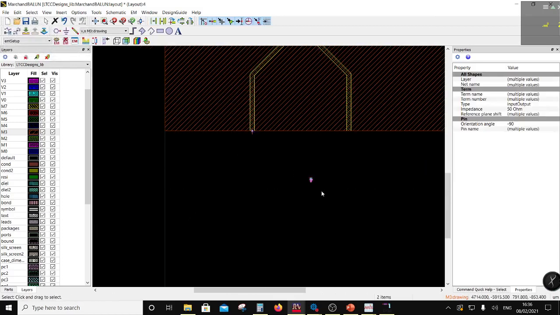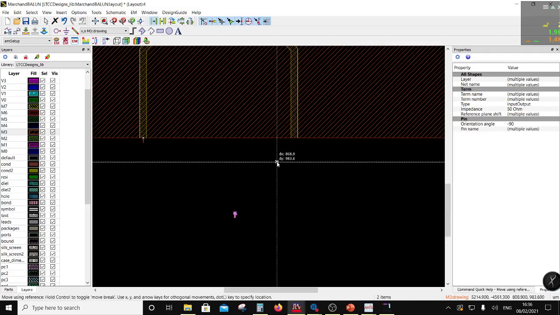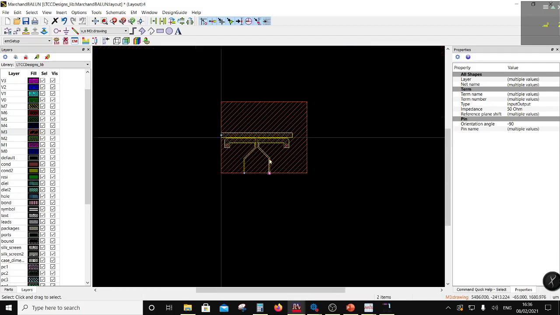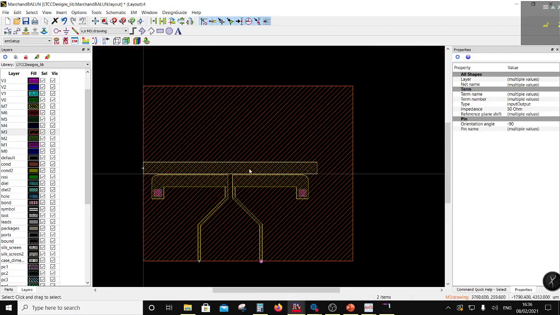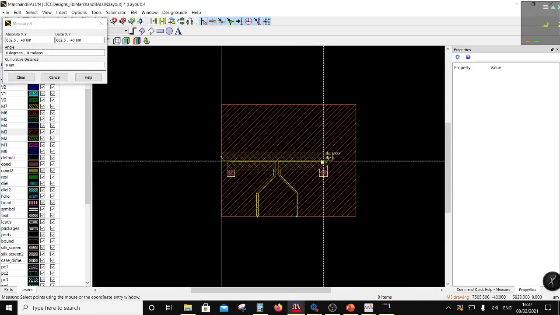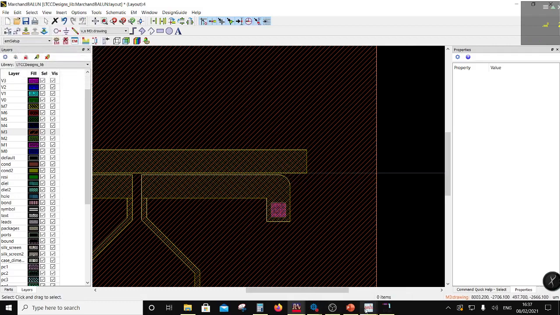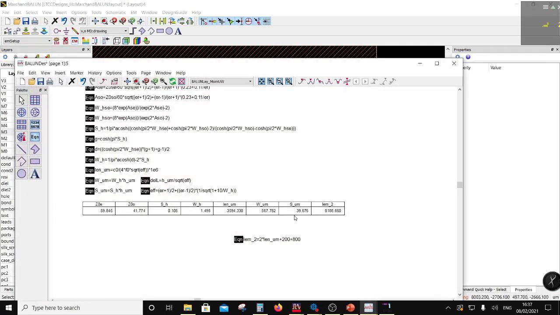One more thing which will happen is that this line has a loss, right? And this is lambda by 4. So I want to make sure that going from here to here, this is 6,800, 3,567.